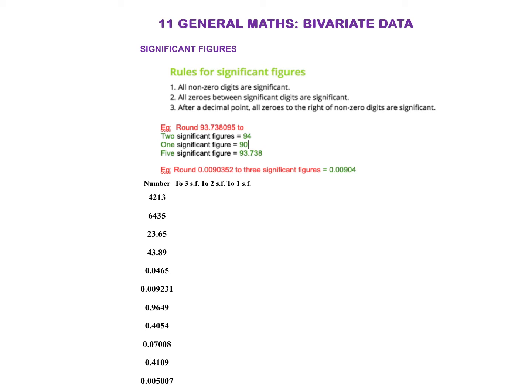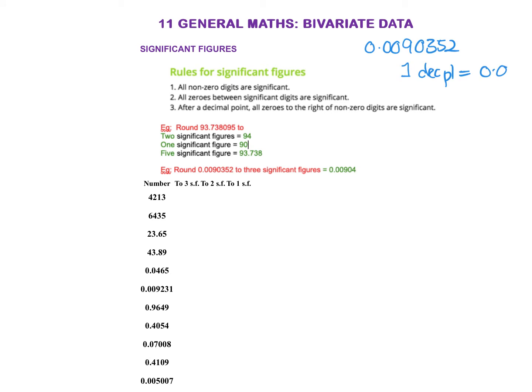When you have a number, I'll write it up here. If I said round this to one decimal place, this would actually be 0.0, and that's not what it is.